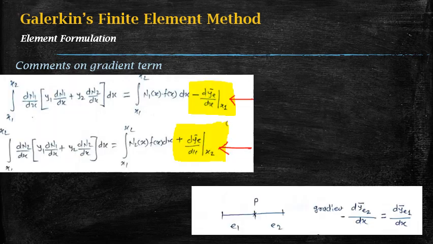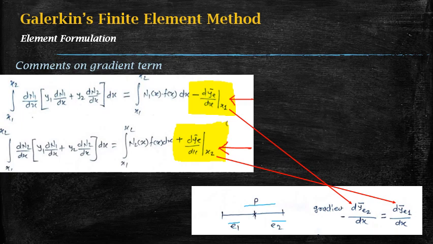One thing I would like to make clear: these gradient terms that we obtained in our equation, minus dy bar by dx evaluated at x1, and the second term plus dy bar by dx evaluated at x2. Now whenever we divide our problem into a number of elements, there are internal nodes at which two elements are connected. For the sake of example, consider internal node P, which joins two elements E1 and E2.